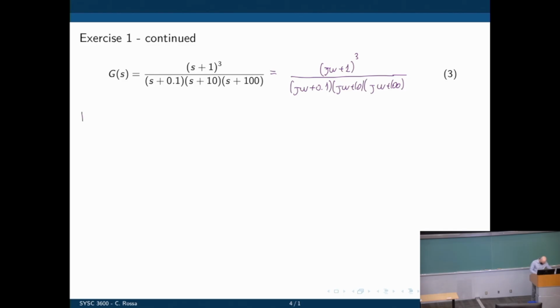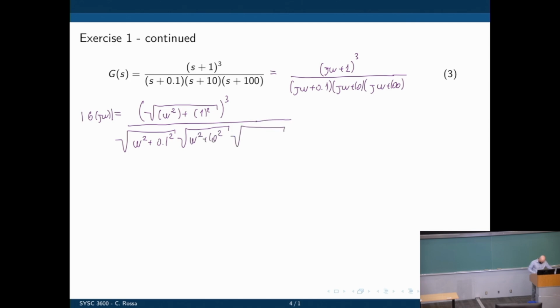The magnitude of G(j omega) is the square root of the imaginary part squared plus the real part squared, all to the power of 3, because you have 3 of them. And then the magnitude of each pole, omega squared plus 0.1 squared, imaginary plus real.